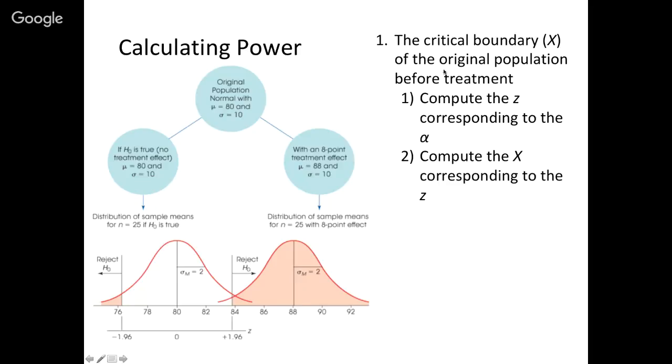The first step is to determine the critical boundary in the original population before treatment. We know the alpha, so we compute the z-score corresponding to the alpha, and then compute the actual scores corresponding to the z. Here alpha is 0.05, so the z-score should be positive and negative 1.96.